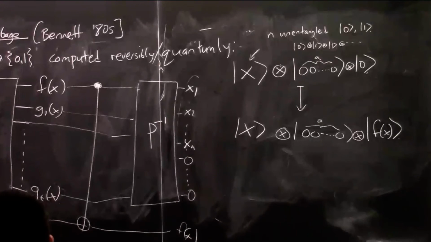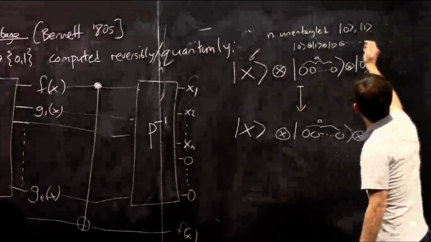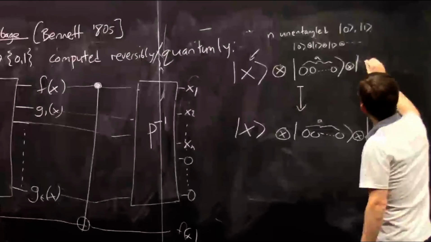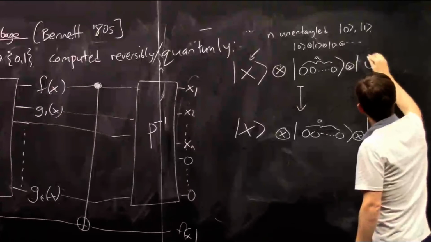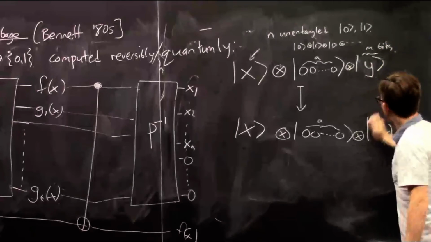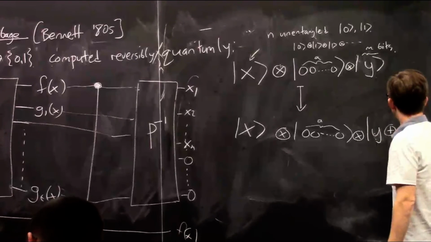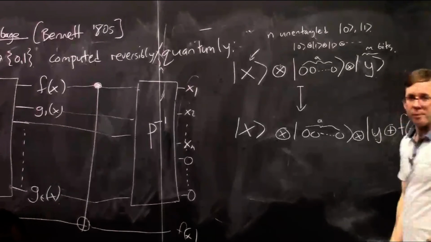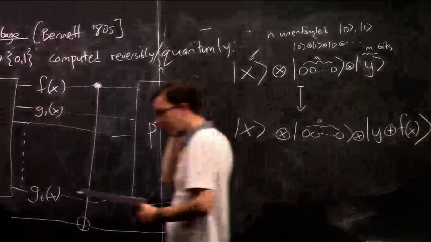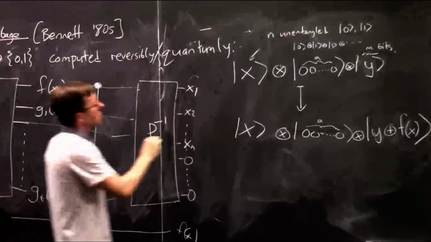So I say that so that I can say overall, what really happens more generally here is that if you put in a string y of length equal to the number of output bits, then this becomes y XORed with the answer. Okay, let me just circle this.